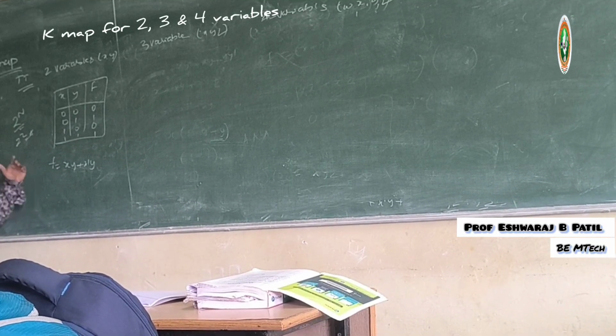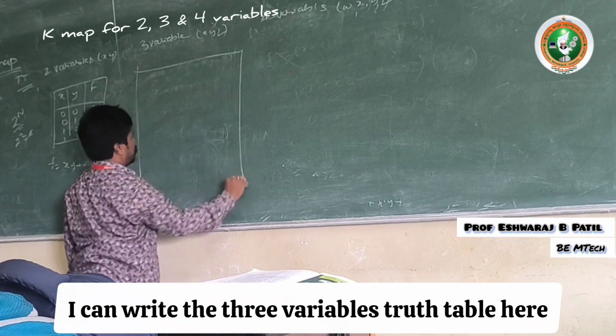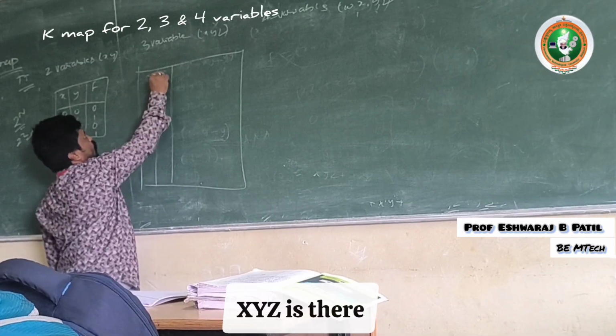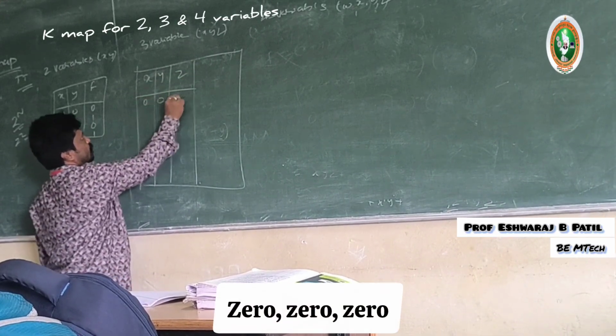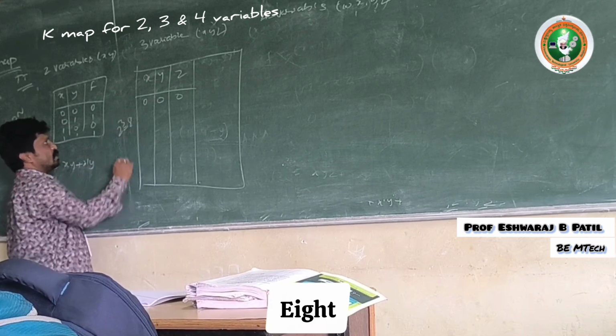Similarly, I can write the truth table for 3 variables: x, y, z. From 0 0 0 up to 2 to the power of 3, which is 8 combinations.